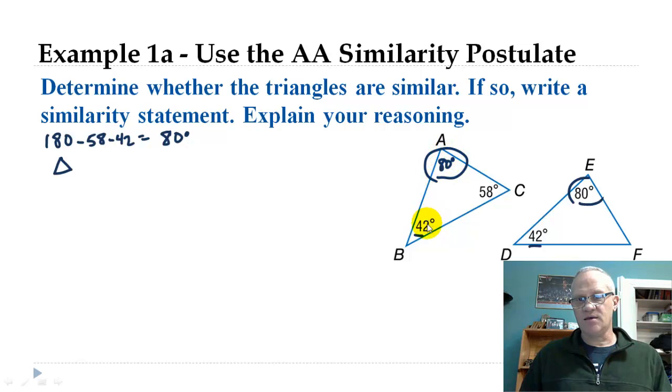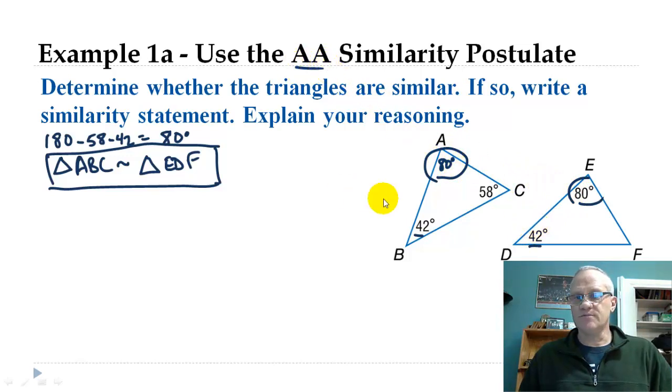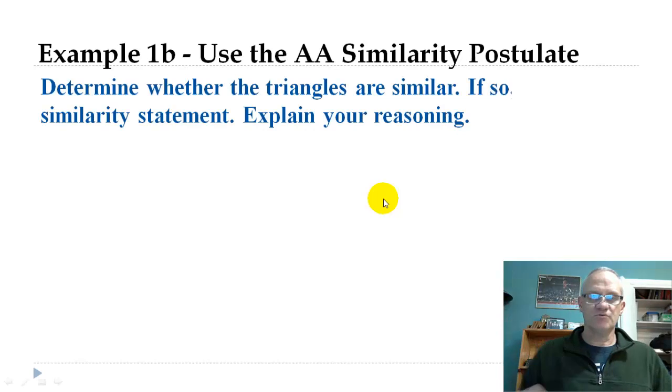I'm going to start with A, B, C, is similar to, remember the little squiggly line, that means similar. So if I did A, B, C, I'm going to have to go E, D, F on the second one. E, D, F. Okay. So that's why we found the missing one that's 80, and we've got two angles that match up. And so by angle-angle similarity, these would be similar triangles.